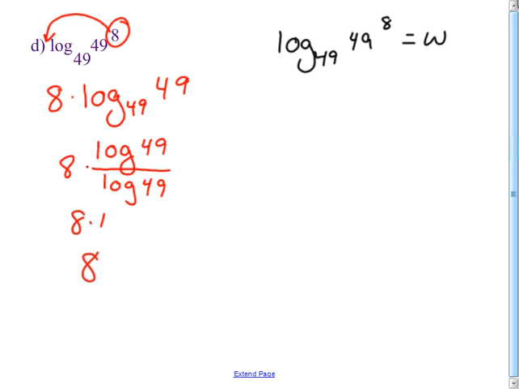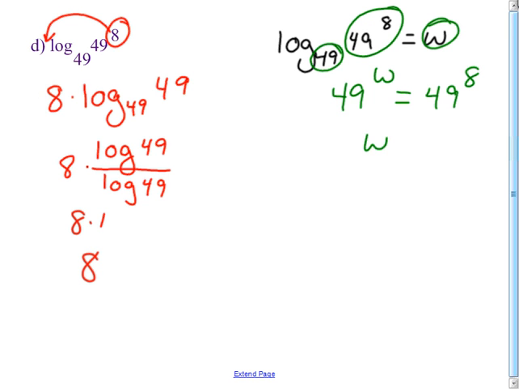So when I rewrite this exponentially, my base to my logarithm, which is my exponent, equals my argument. W therefore equals 8. Another way to go about it, using just switching forms from log form to exponential form. So both of these ways work out, and in both of them, the answer is just the exponent.